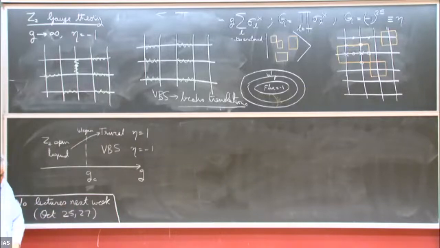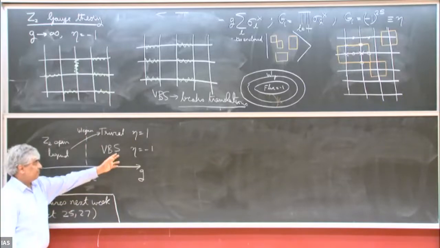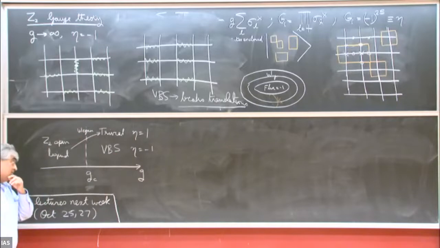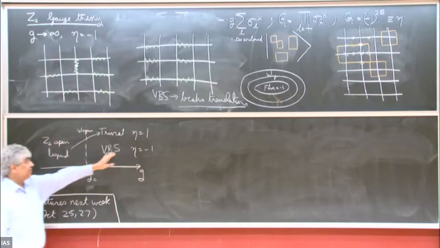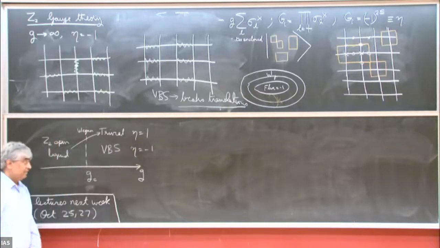So let me just actually get the same answer, but using tricks that will be more useful for us for this other case. So the way we want to do that is to first, we understood the ground state here at g equals 0. So I want to understand the excited states at g equals 0. And let's just consider the case eta equals 1 to begin with.